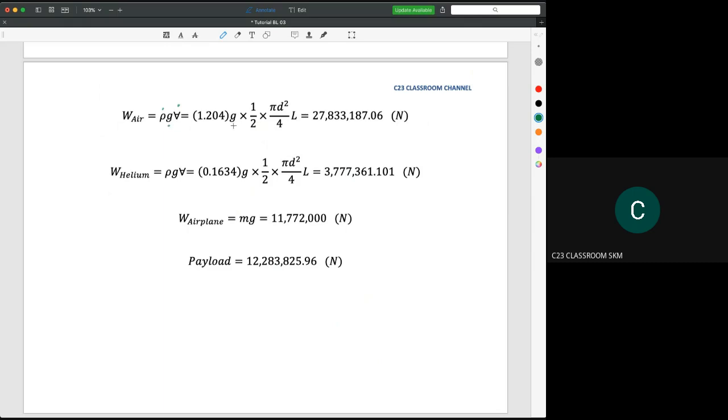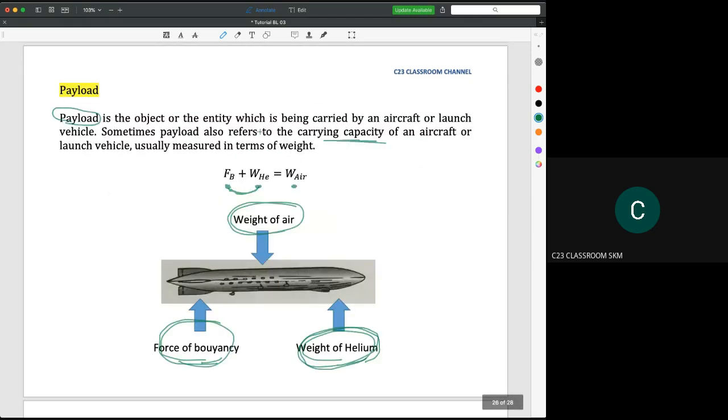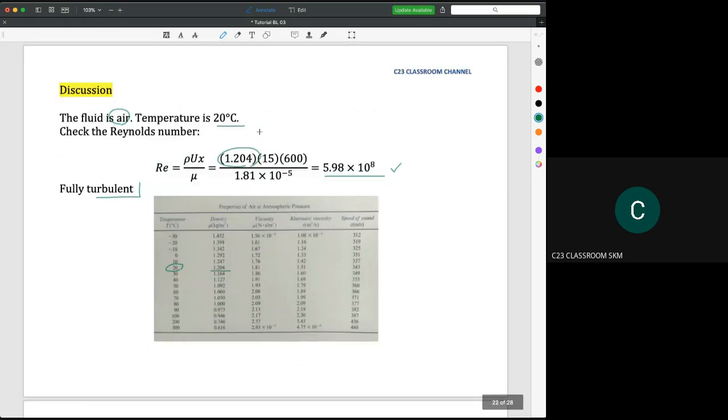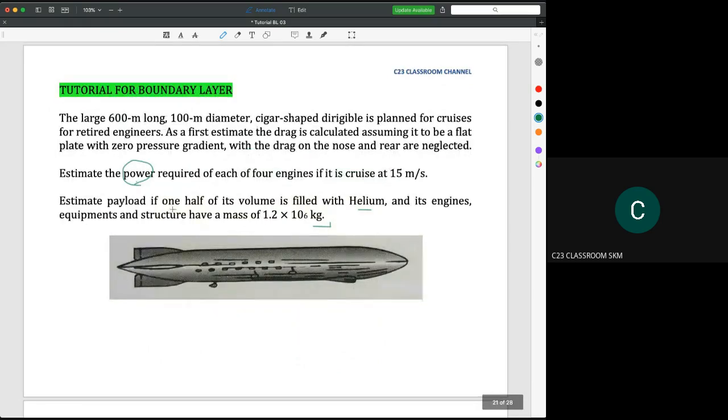This is the density of air, 1.204, the gravity 9.81, and this is the volume of the shape of the airplane, which we need to divide by 2, because from the question, one half of its volume is filled with helium, so half is helium and another half is air.